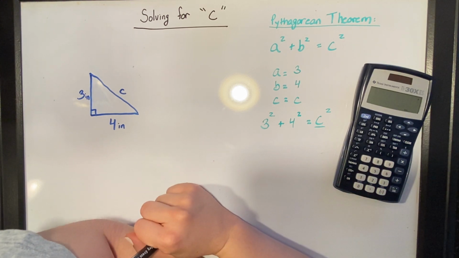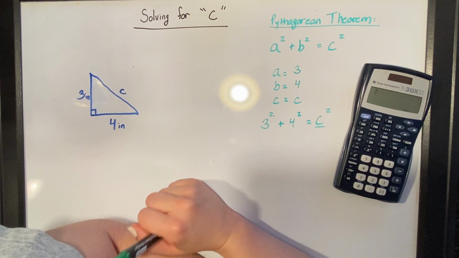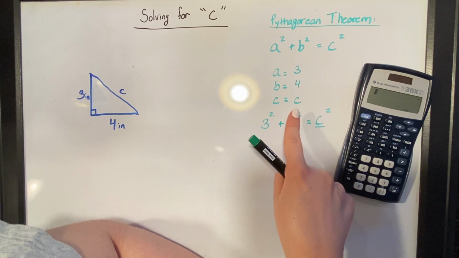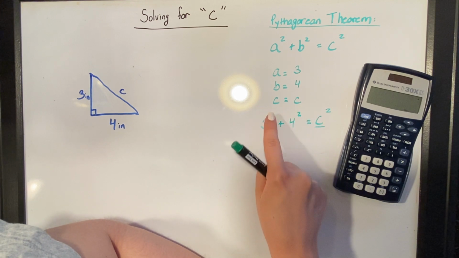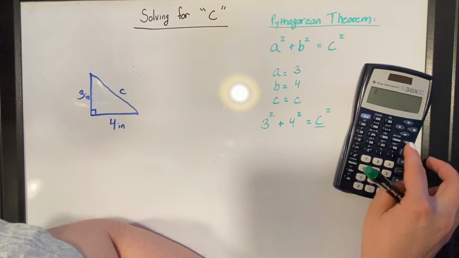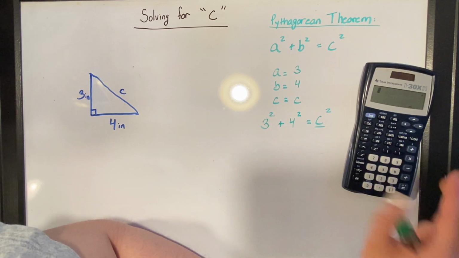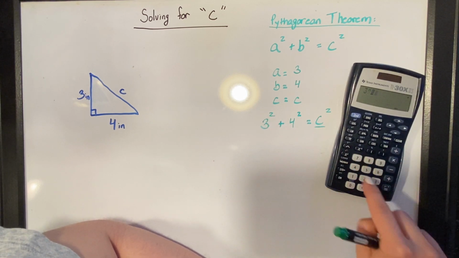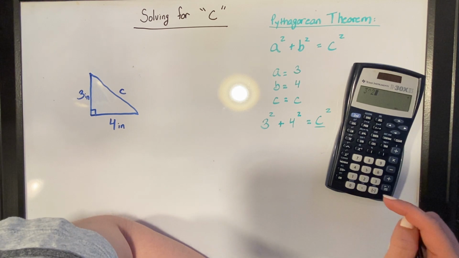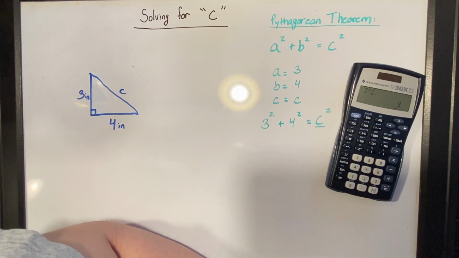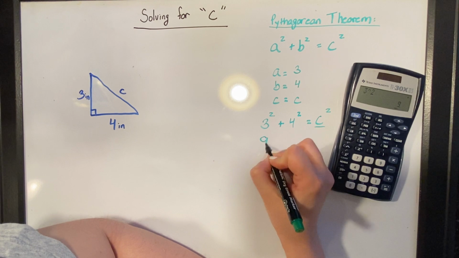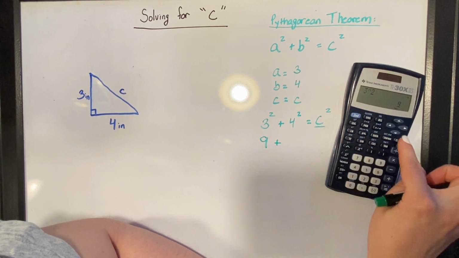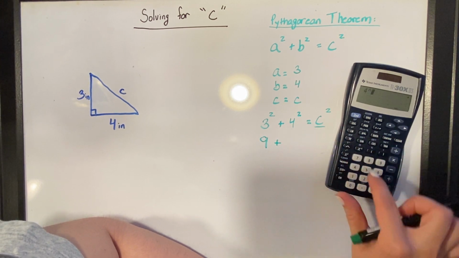Now, the first thing we're going to do is figure out what 3 squared is and what 4 squared is, right? So 3 squared, you could just plug that into your calculator. 3 squared is 9, so this is going to be 9 plus, now we're going to do 4 squared.